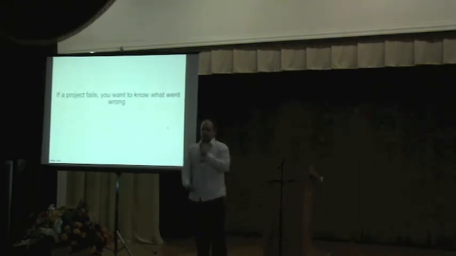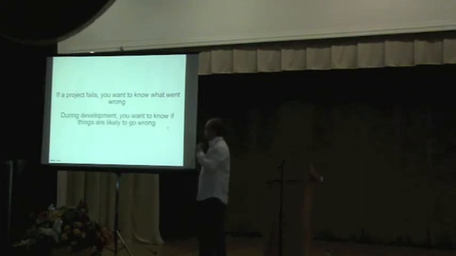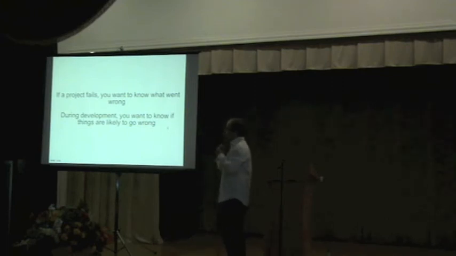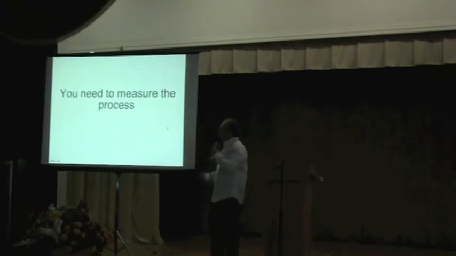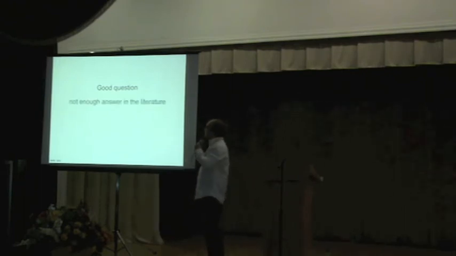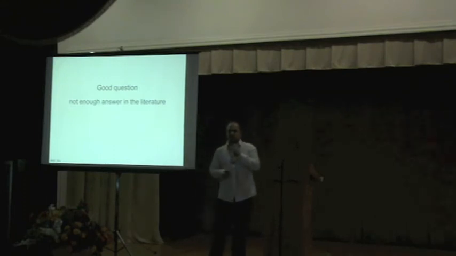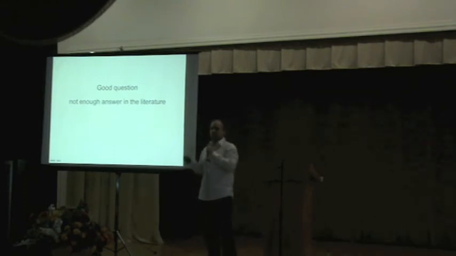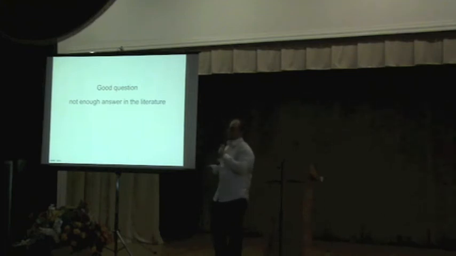If a project fails, you usually want to know what went wrong. And if during the development you want to know if things are likely to go wrong or you're good, you need to somehow measure the process. The question is how? It's a good question. If you get the books about Agile, it's all about the rules and all about how to do it, but not actually how to measure it.